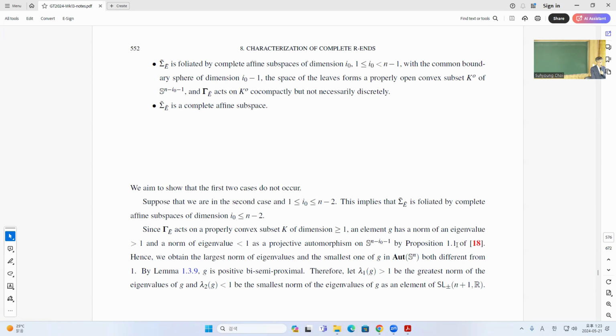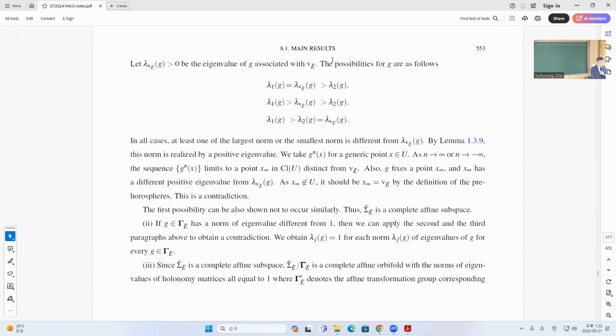So by this proposition, there is some eigenvalue like this, and so we obtain some eigenvalue different from 1. So then G is positive biproximal, and lambda 1 is, say, the greatest norm, and lambda 2 the second greatest norm of G.